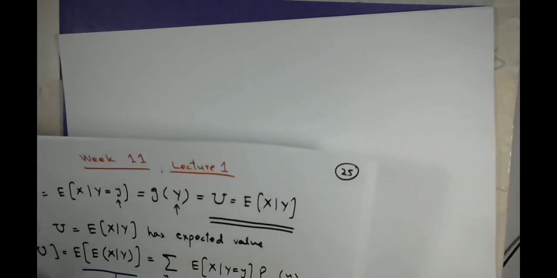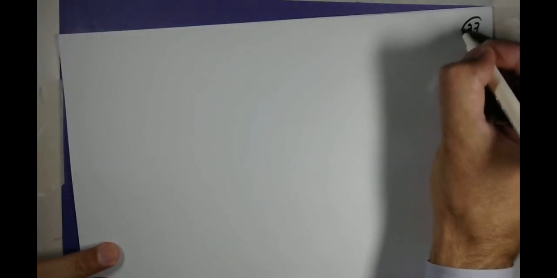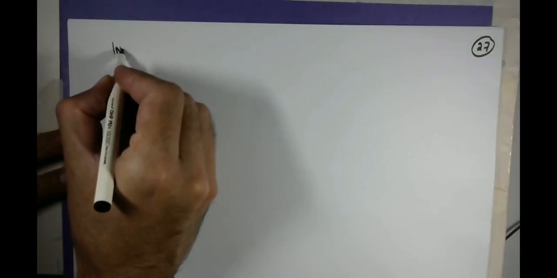I'll move on and discuss now another concept, and that is of independence of random variables. So my next topic is independent discrete random variables.